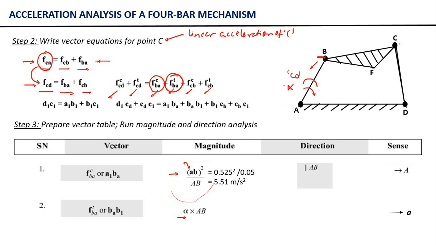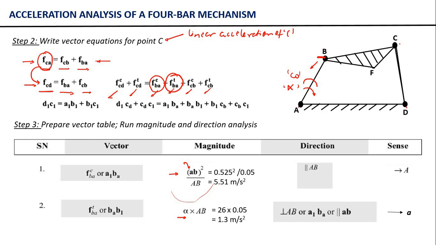Now alpha is provided to us, and the length AB is known to us, so we can calculate this component. This will be 26 multiplied by 0.05, equal to 1.3 meter per second square. We know that this tangential component is perpendicular to this length AB.